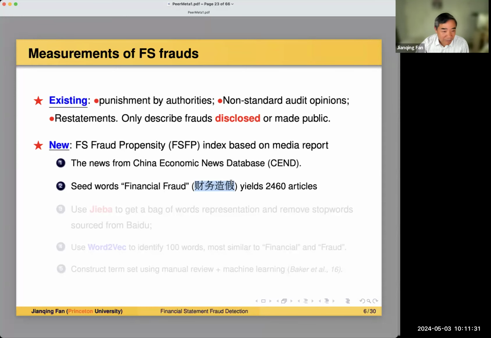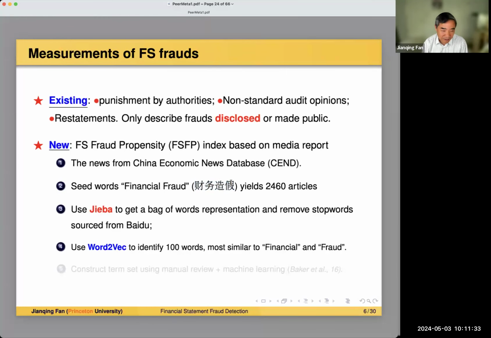Of course, we use the popular Chinese software called Jieba to get a bag of words representation for each of these articles, and then we remove the stop words from Baidu. So at the end of the day, each document is represented by a bag of words without stop words.